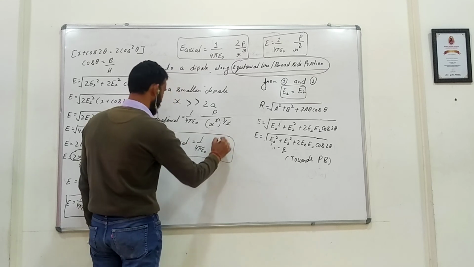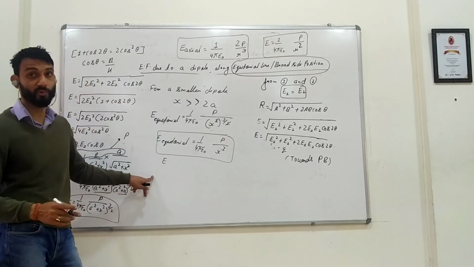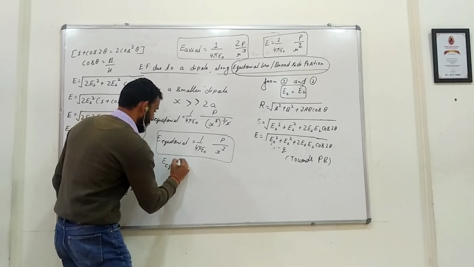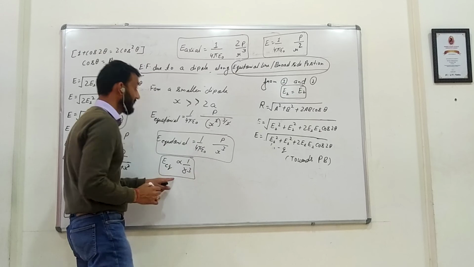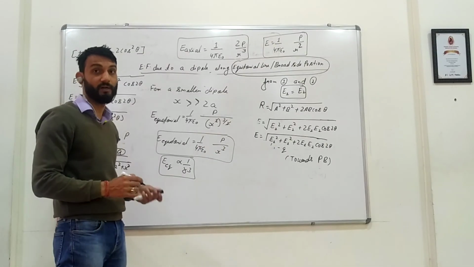Now look at this expression. From this expression also we can see that electric field due to a dipole along the equatorial line is also inversely proportional to R cube. So this is another point which we could make out, and axial was also inversely proportional to R cube.